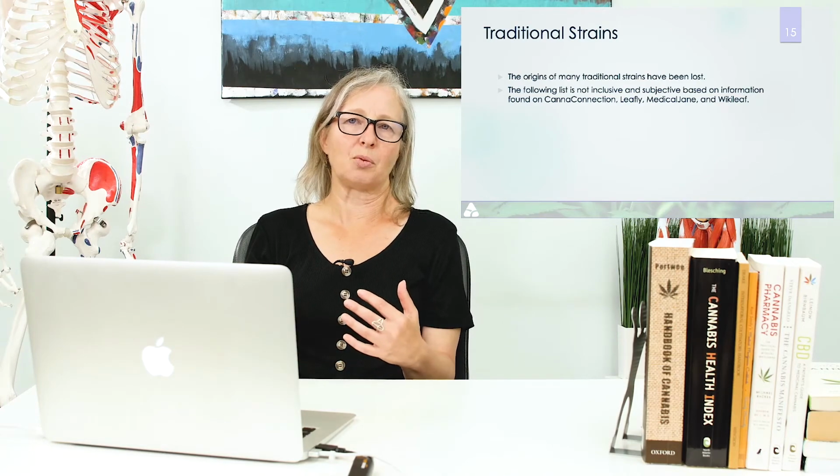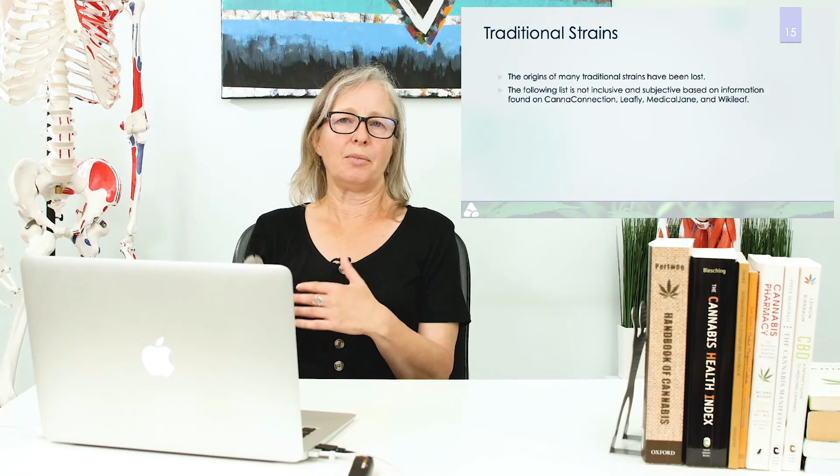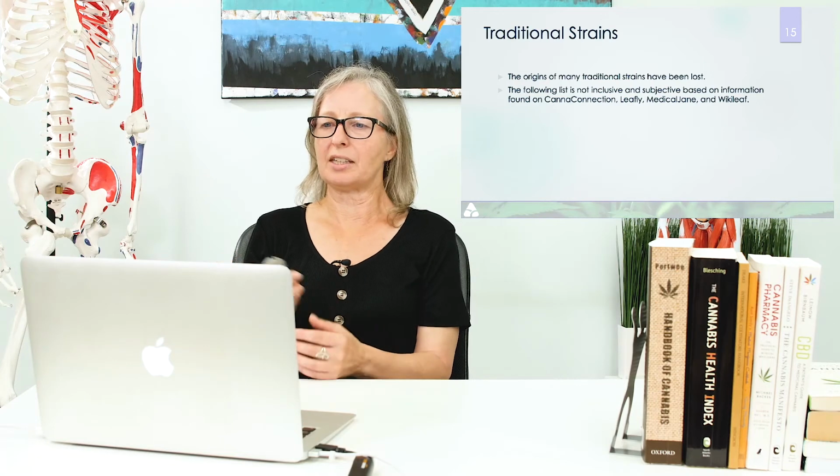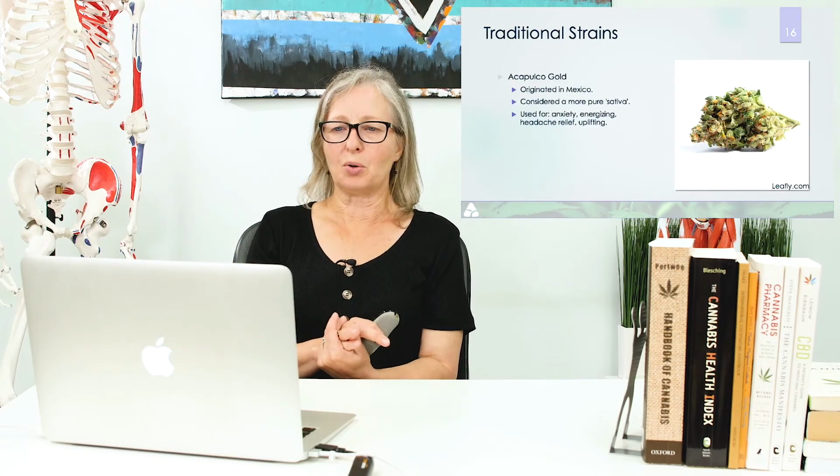So you may come across other information that talks about slightly different traits of some of these strains, but again, a lot of this is quite subjective. So I went across several different areas and tried to compile the most common traits that we find in those.